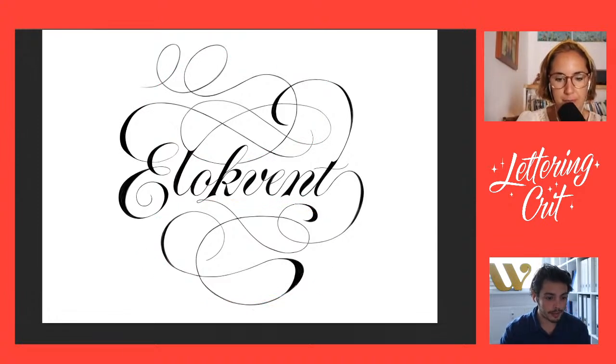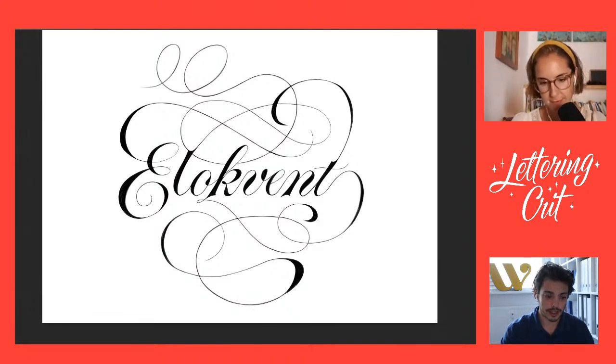The first thing that I notice when I see this piece is that the contrast, or the thick parts in the swashes, are placed a little bit randomly, or I'm not really understanding what criteria Raven followed to place these thick parts on the swashes.